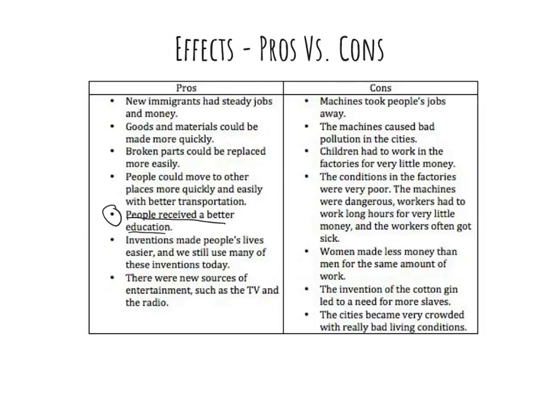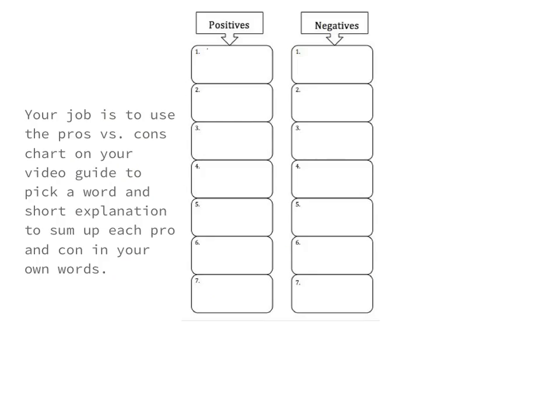I'm going to think, what is one word I can use to summarize this one pro? I decided that I think the word education would be a good word to use. Now I'm going to just have a really quick explanation for why I wrote down this word education.